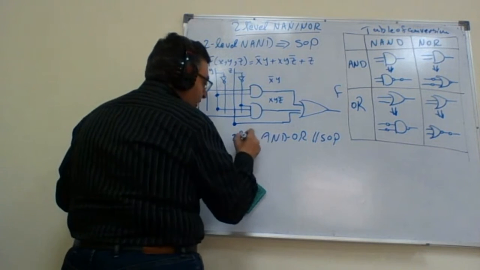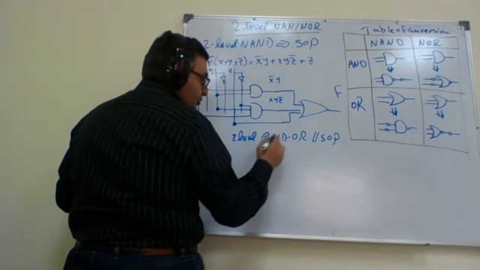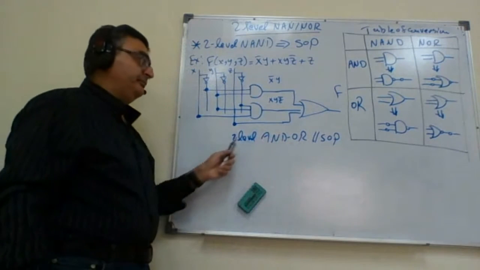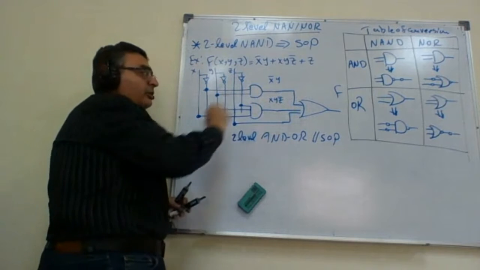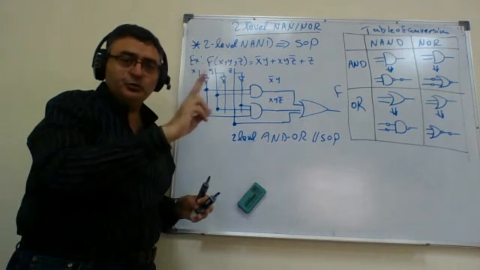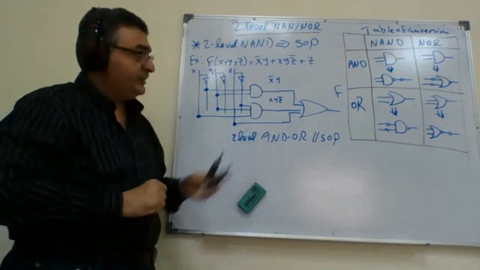This is two-level AND-OR implementation. This is two levels because any path from the inputs here will encounter a delay of 2 tau for the two gates.